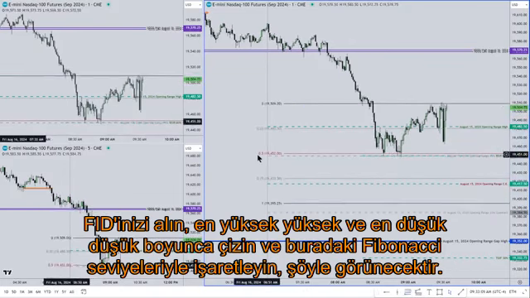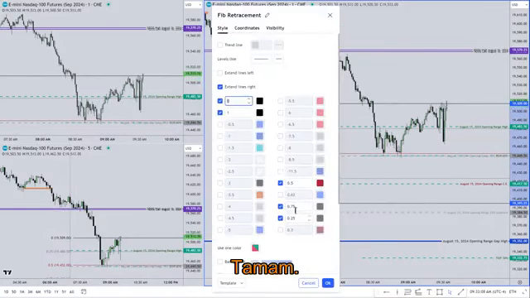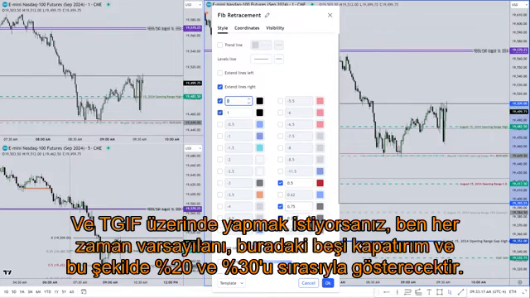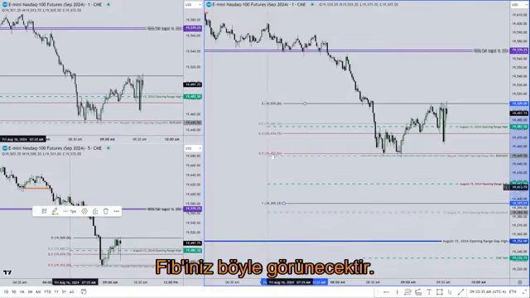It would look like this. 0.75, 0.25. That's for quadrants, and if you want to do it on the TGIF, I always just toggle the 5 here off in there, and that way it'll show the 20 and 30% respectively. So it would look like this. That's what your fib would look like.